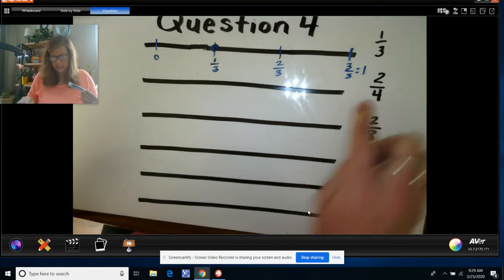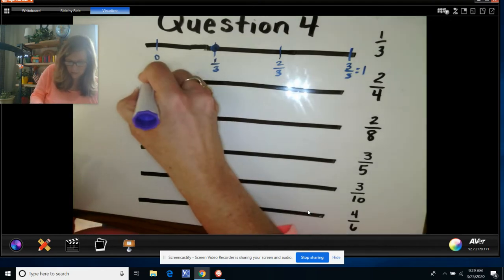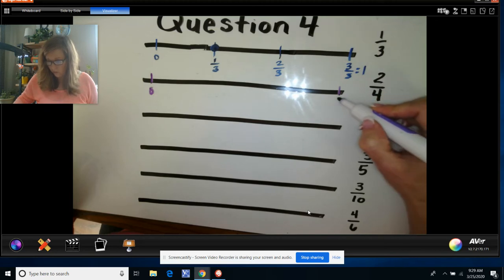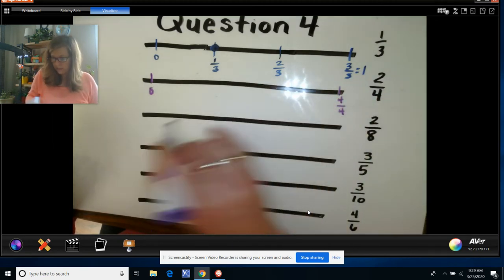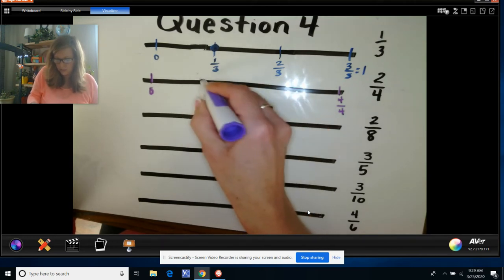We've got to split this second one up. So this one here, there are going to be 4 parts on this number line. So if we start with our 0, and we know it ends with a 1, or 4/4, we need to break this into 4 different parts. They have to be even. We're going to try to get them as even as we can.